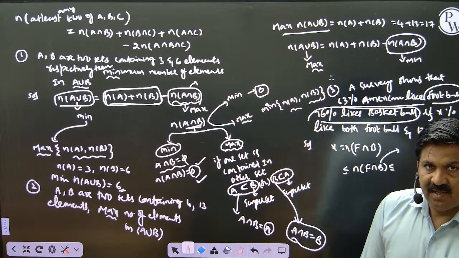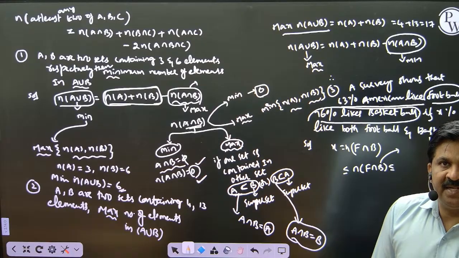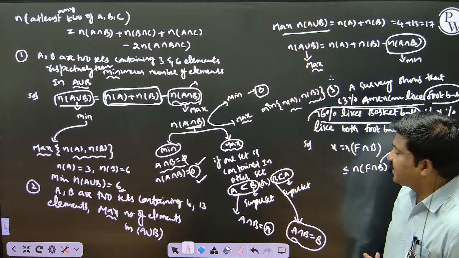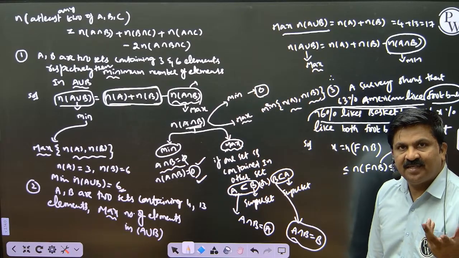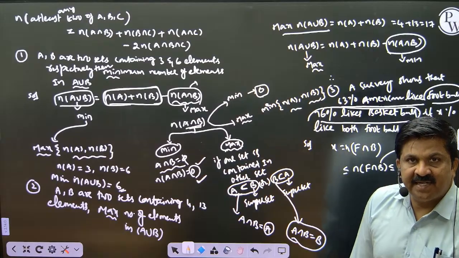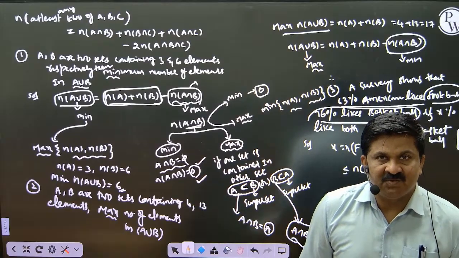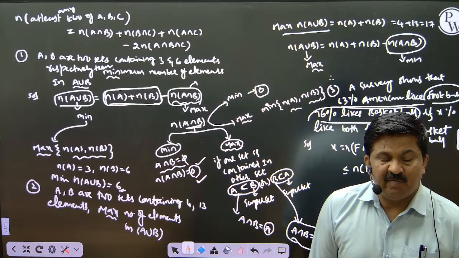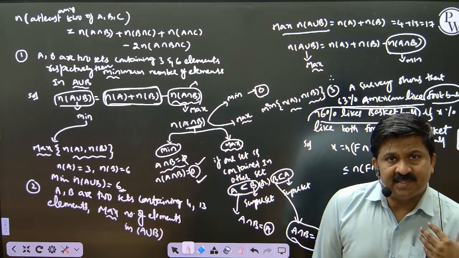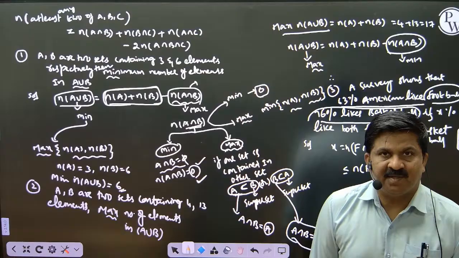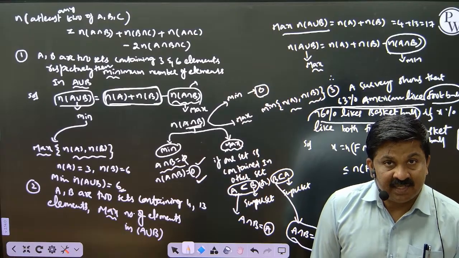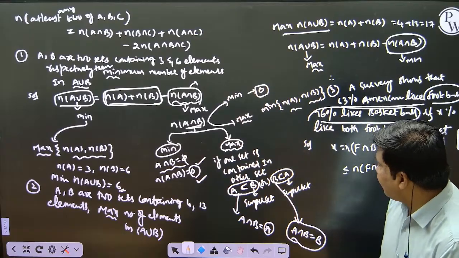Football is 63, basketball is 76. Total it gives 139%. But the percentage is only 100. But we got how much more? 39% more, or. So that more 39% gives our least value, or not.